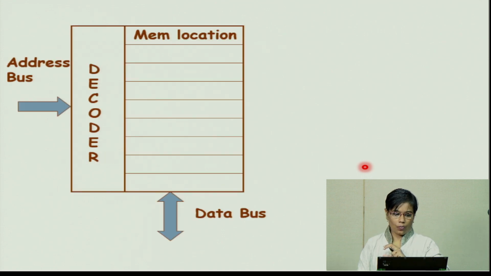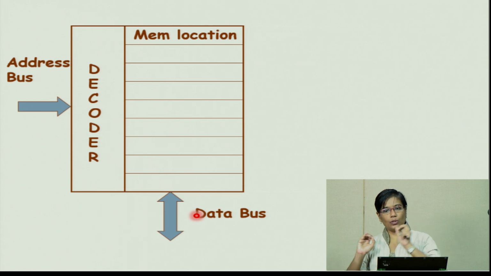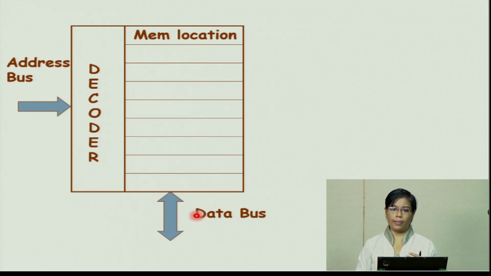Now generally whenever we talk about memory, the address bus is going to be used for selecting one of the memory locations, and the data communication is going to take place via the data bus. So address selects one of the memory locations, and data communication, either writing data to memory or reading data from memory, is going to take place via the data bus.